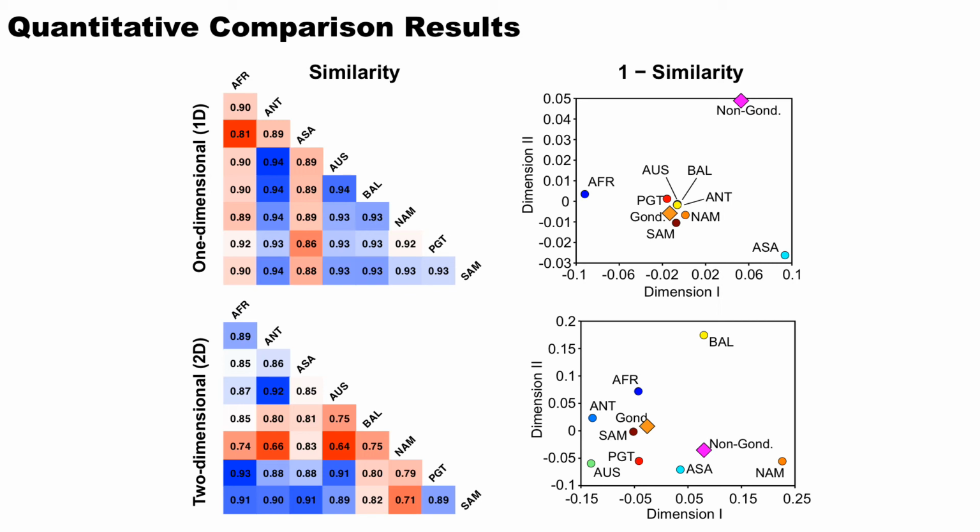On the left are the actual raw results of the quantitative comparisons shown as pairwise similarity matrices. And on the right is probably an easier way to visualize these results by converting these values into a Cartesian space and showing these as multidimensional scaling plots, where clusters of samples are more similar and more distant samples are more dissimilar.